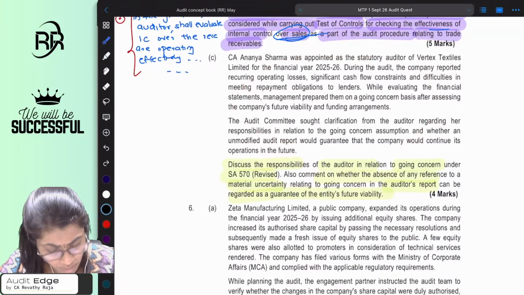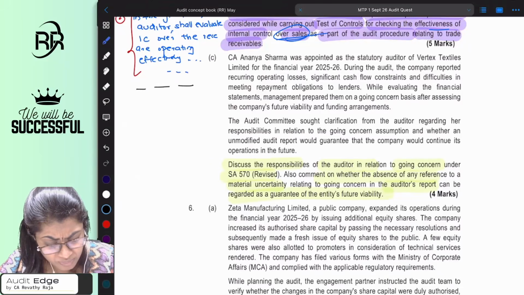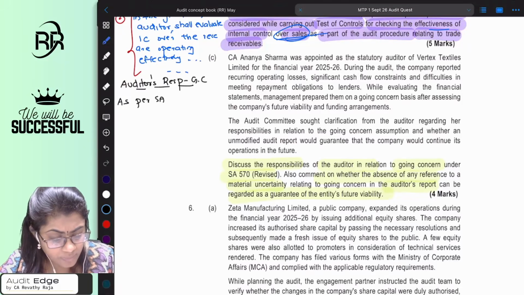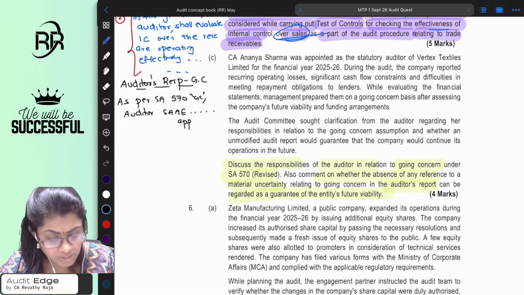Yeah, how to start? Auditor's responsibility regarding going concern. As per SA 570, going concern, the auditor shall obtain sufficient and appropriate evidence regarding management's use of going concern as appropriate.